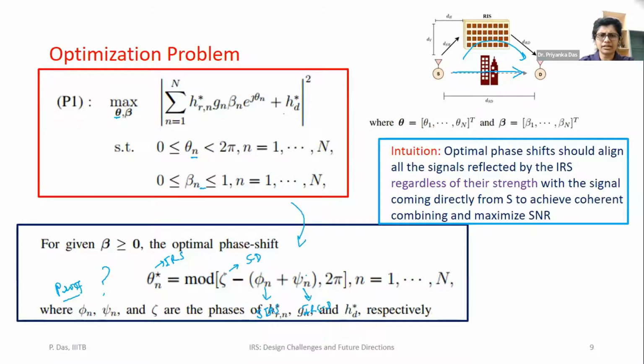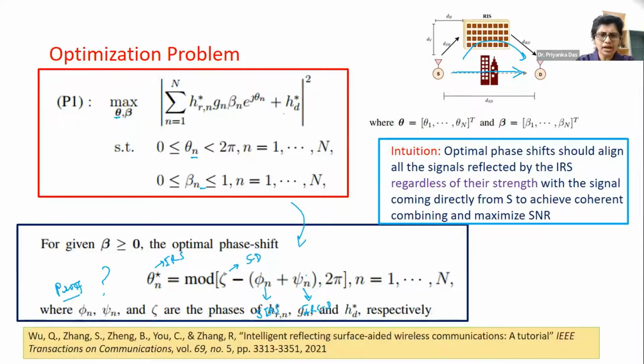This paper tries to give your answer. If you are interested in hardware implementations, you have to see whether, if I adjust this phase accordingly, I am getting good signal strength reflected from the IRS. With the IRS off and with the IRS on, whether I am getting a good improvement or not. This is the way we should look at it.